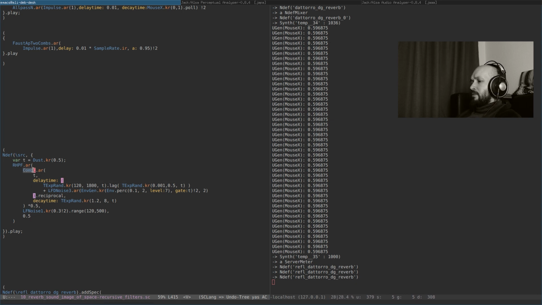What we have here, this is a sound source, a comb filter. It's a relative of the all-pass filter. The structure is almost the same, but the all-pass filter is a little bit more complicated than the comb filter.